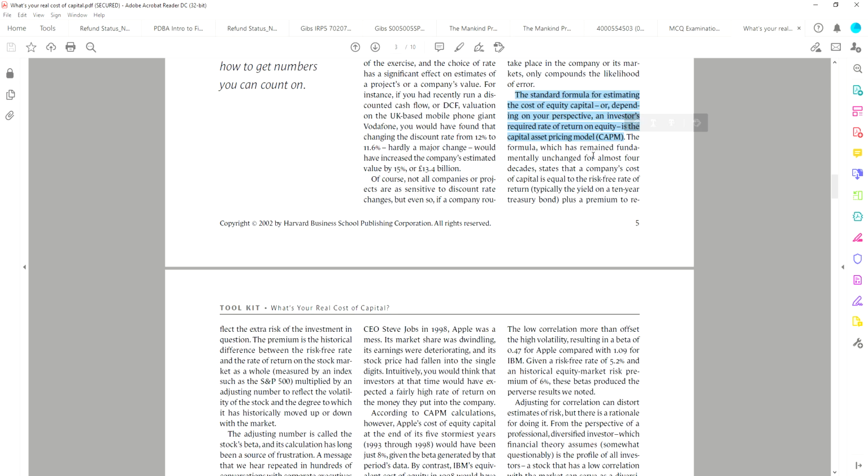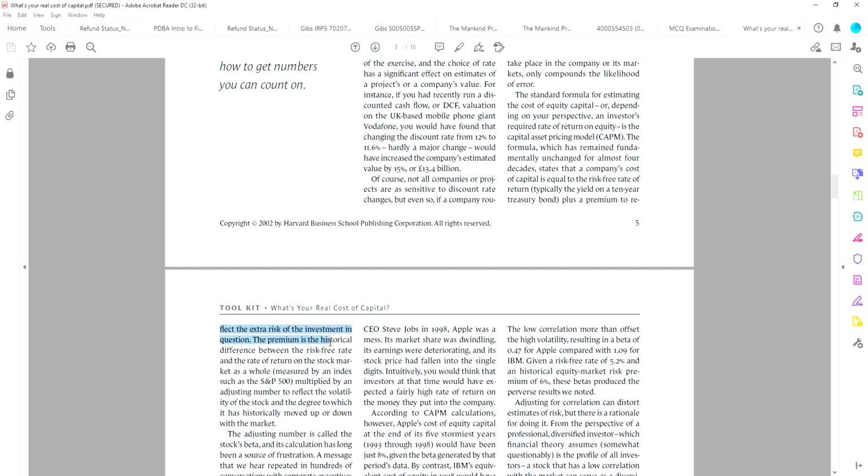The formula, which has remained fundamentally unchanged for almost 4 decades, states that the cost of capital is equal to the risk-free rate of return, typically a yield on a 10-year treasury bond, plus a premium to reflect the extra risk of the investment in question.